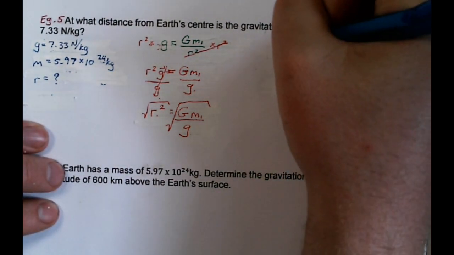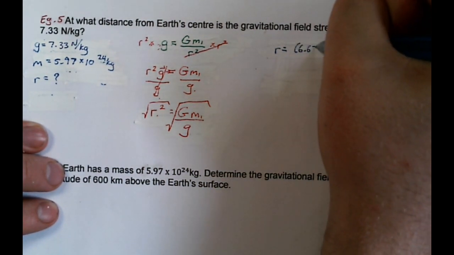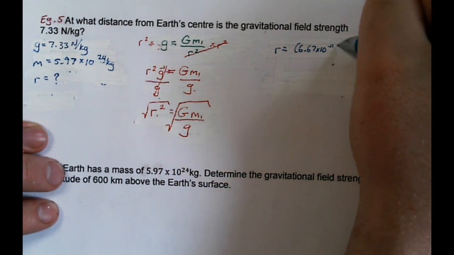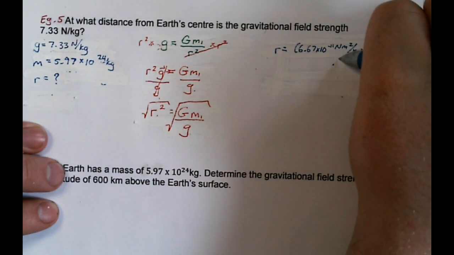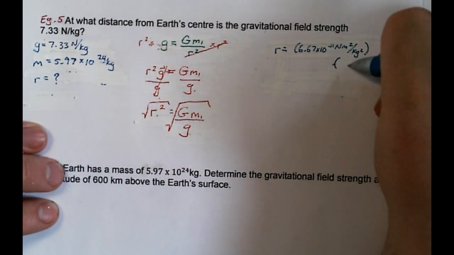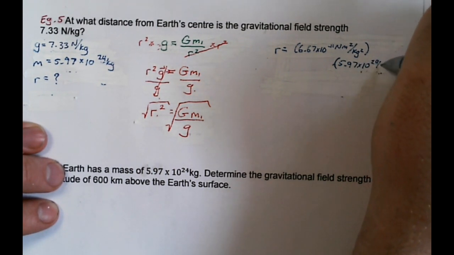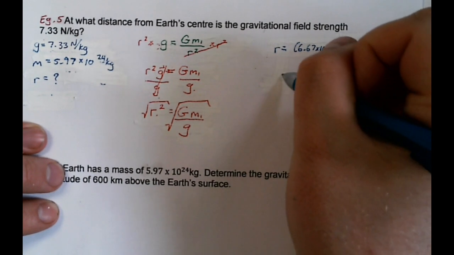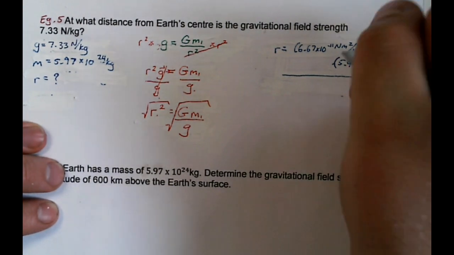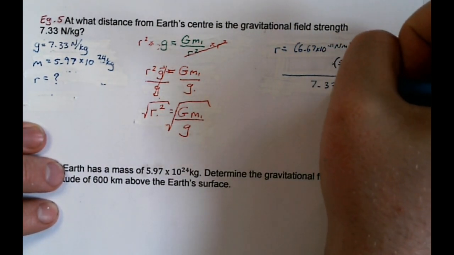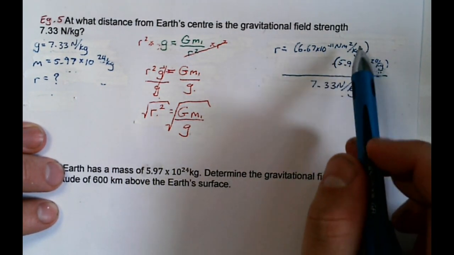We have r is equal to the gravitational constant, 6.67 times 10 to the negative 11 newton meters squared per kilogram squared, times the mass of the Earth, 5.97 times 10 to the 24 kilograms, divided by our gravitational field strength, 7.33 newtons per kilogram.